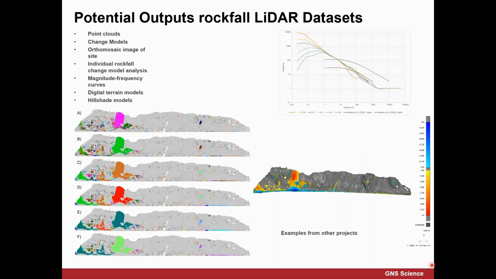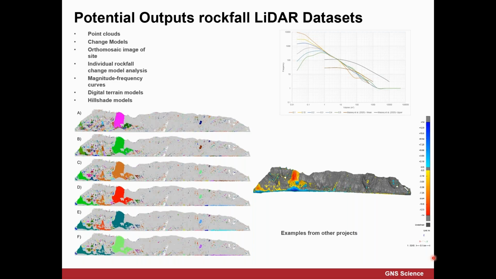Because we're still collecting data for this, we haven't done a whole lot of analysis yet. So I grabbed this data that we did for another project out at Cape Kidnappers, looking at coastal cliffs, just as some examples of what sort of stuff we can produce. On the right is a change model, which I've seen.